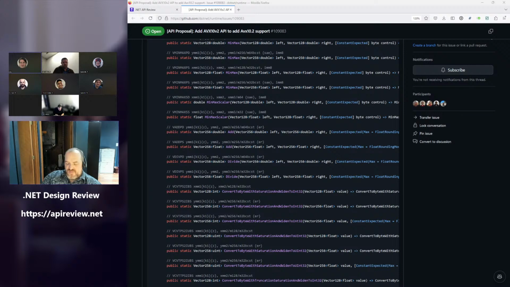Instead, we have a nested class in AVX 10v1 named V512 for Vector 512, or 512-bit variant or version, or whatever you want to imply V is there. And that's where you've got that optional. You've got the baseline in 10v1, you've got the 512-bit extensions in a nested V512 class. And further down in here, there's a corresponding V512 nested class in 10v2 for the new instructions for 10v2.